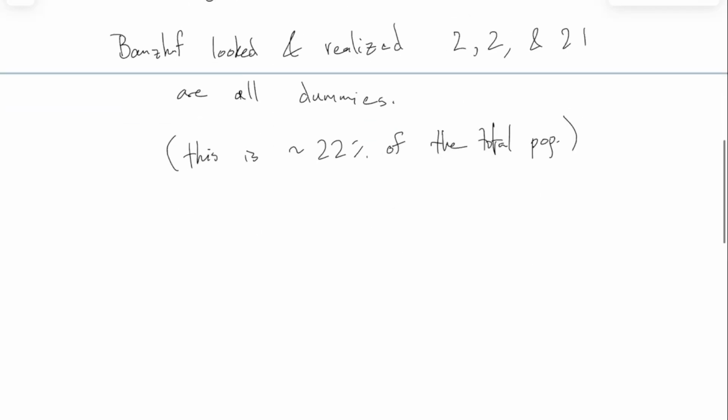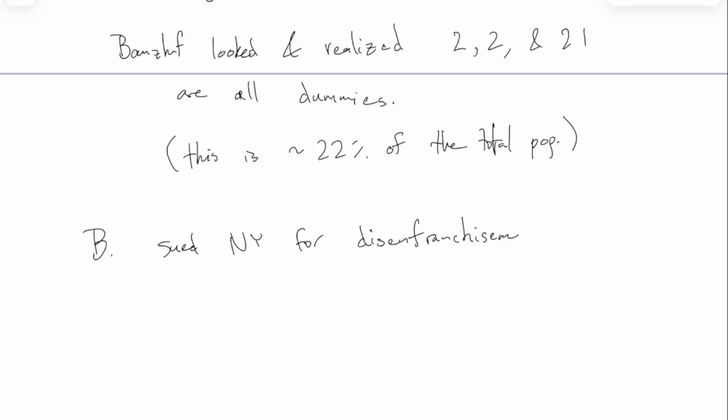And so anyway, Banzhaf sued New York for, really, this is an issue of disenfranchisement. This is a big word that I've used at least once before. Disenfranchisement means when somebody is prevented or prohibited from voting unjustly, or if maybe you allow them to vote, but by some technicality their vote ends up not counting.